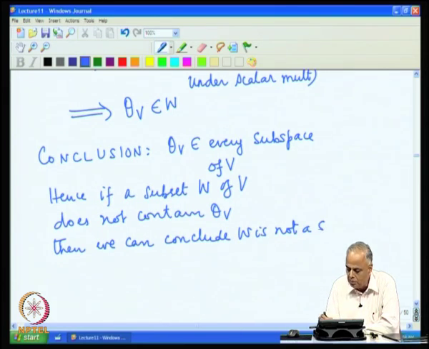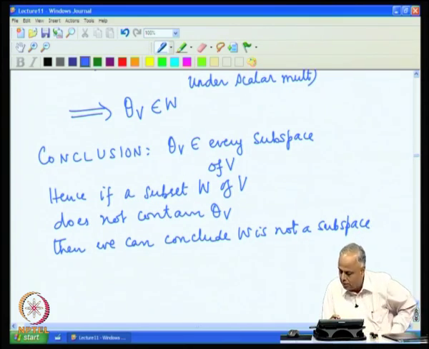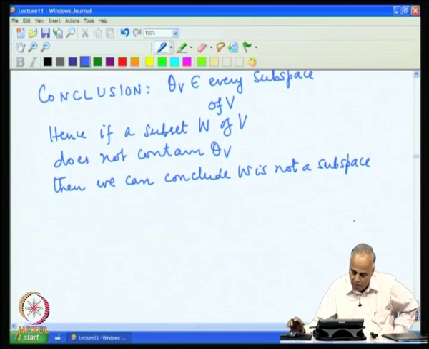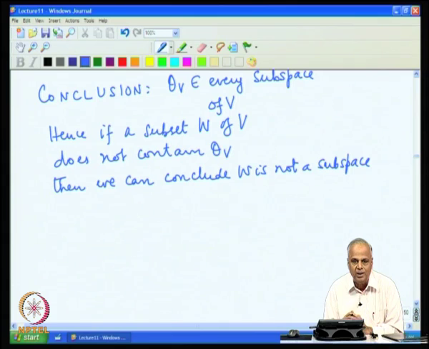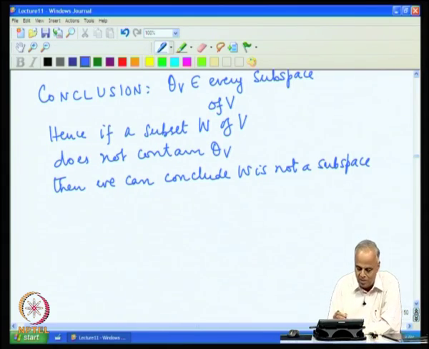So, any subset which does not contain the 0 vector fails to be a subspace. On the other hand, just because some subset contains the 0 vector, it does not make it a subspace, it is only a minimal requirement, that is all.